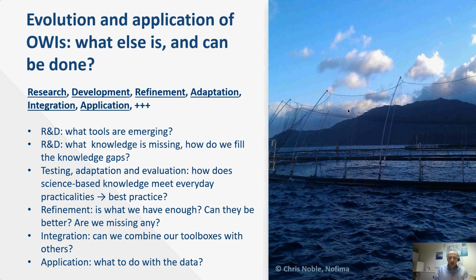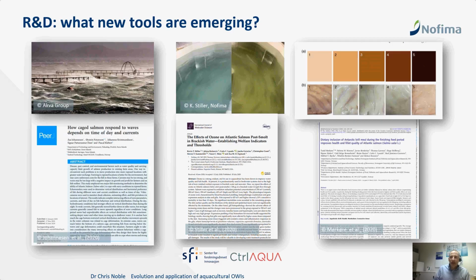We need to look at all the range of different rearing systems that are coming online, offshore, on land. Are the toolboxes we have good enough? Can they be better? Do we need fresh tools? Do we need to take a different approach to the problems that are potentially encountered? And then also, what to do with this data that we're generating.